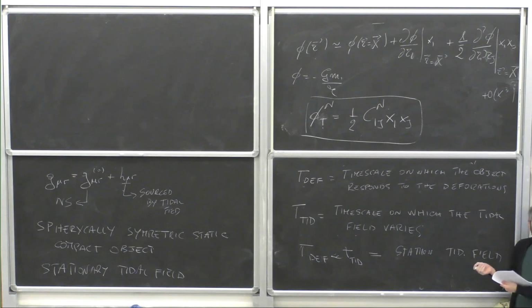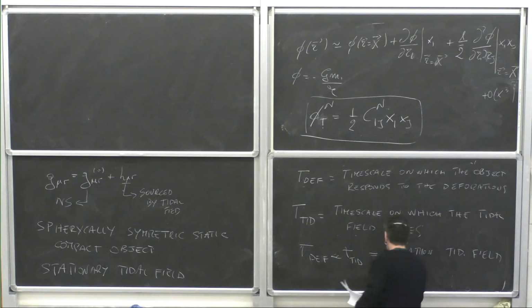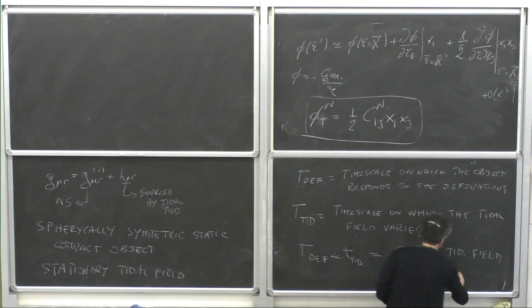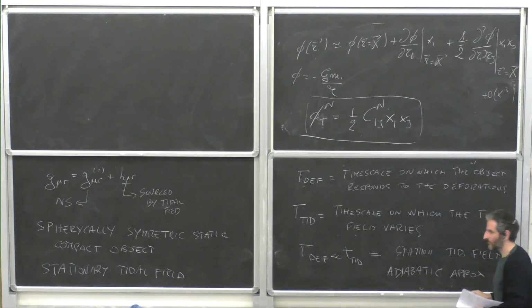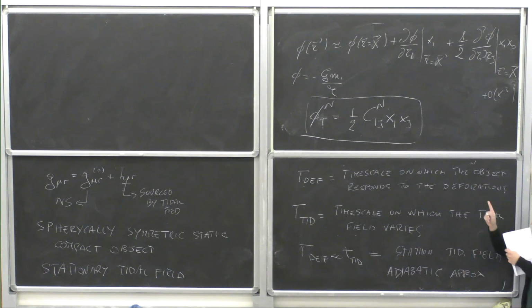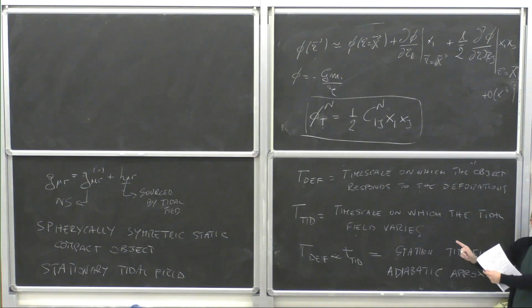Now, of course, this is called the adiabatic approximation for the tidal field, which has the same name as the adiabatic approximation that we use for the gravitational wave emission, and it has exactly the same meaning.